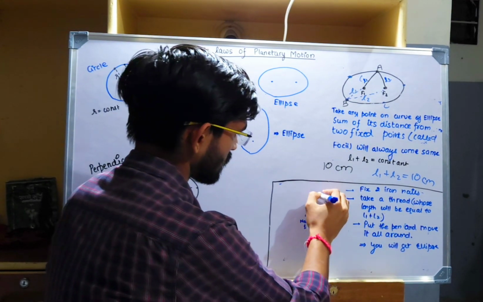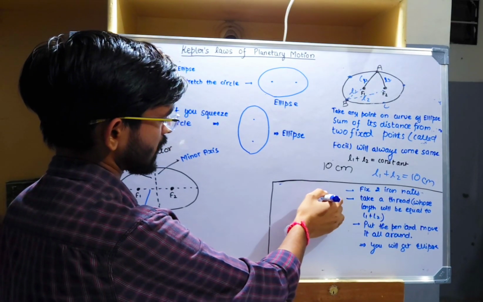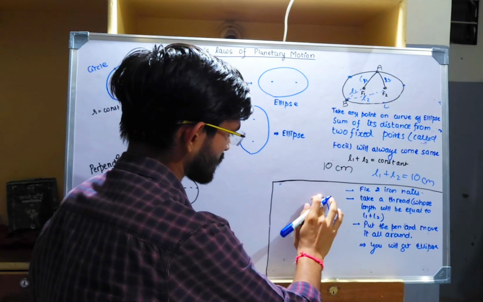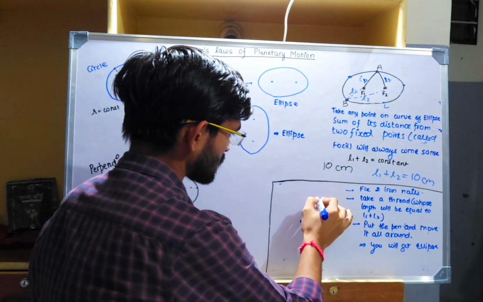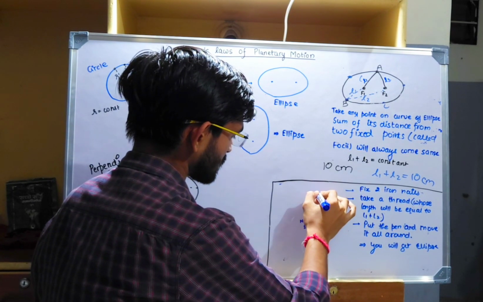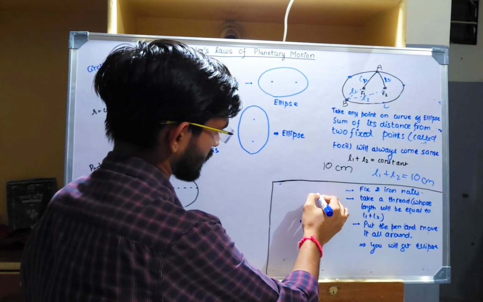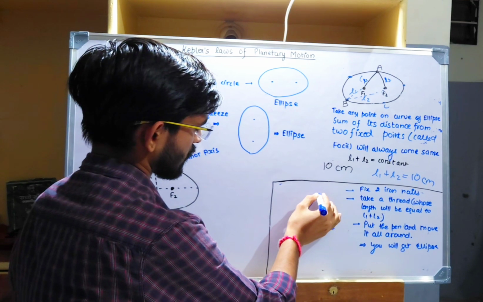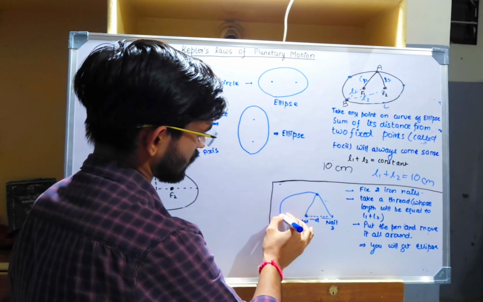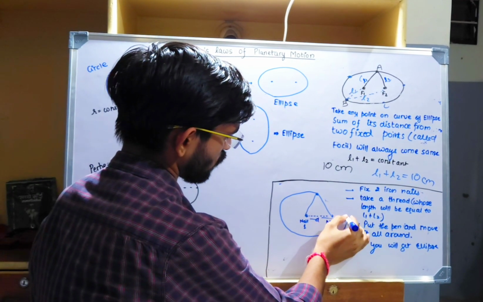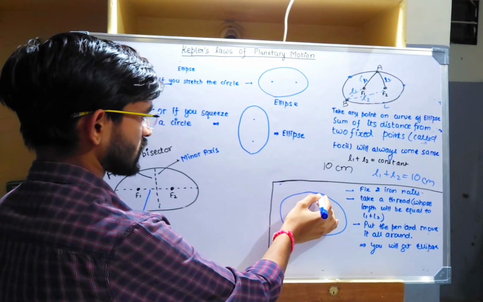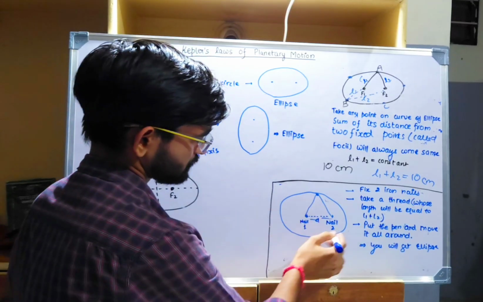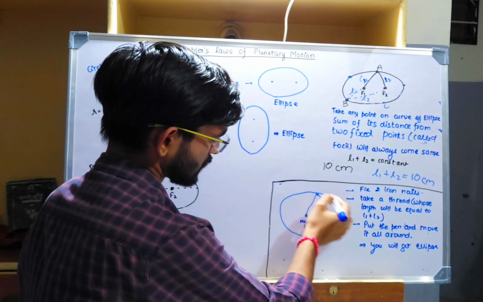Take this thread in the upward direction, maximum you can. At maximum distance it becomes like a triangle. And put a pen here and try to move it in all directions with the help of the thread. Then you will get an ellipse. You will get the shape of an ellipse.